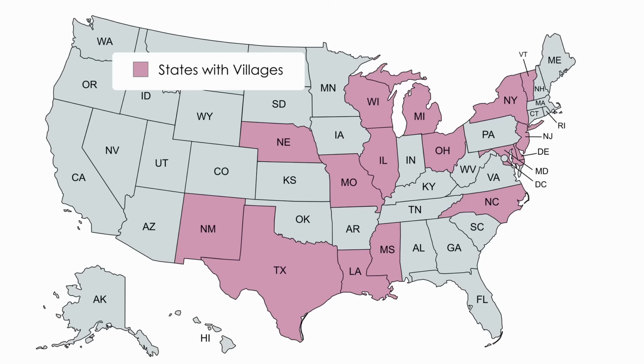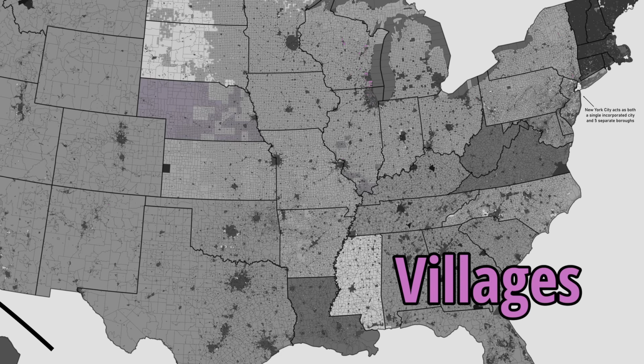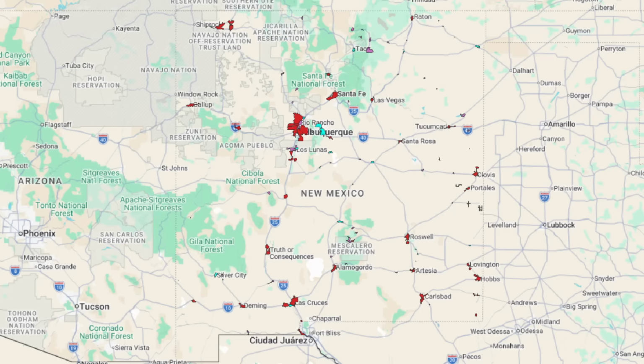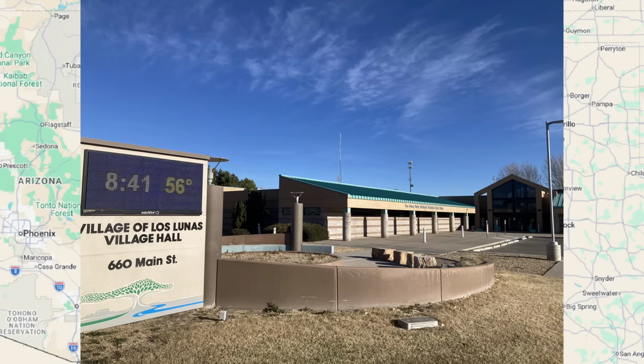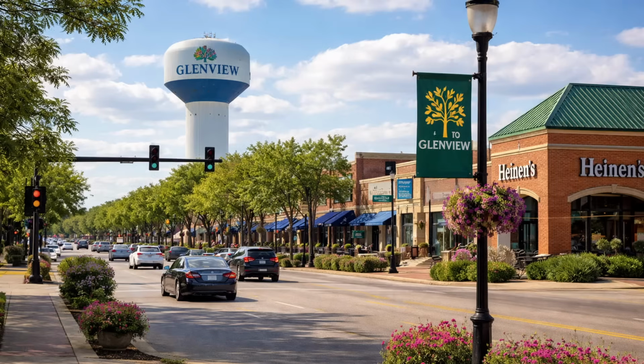Villages are found in 16 states, and much like towns, they represent incorporated areas of less population than cities. Some states, such as New Mexico, have cities, towns, and villages. And in the case of New Mexico, villages represent the smallest incorporated place. The dependency of villages also varies per state.